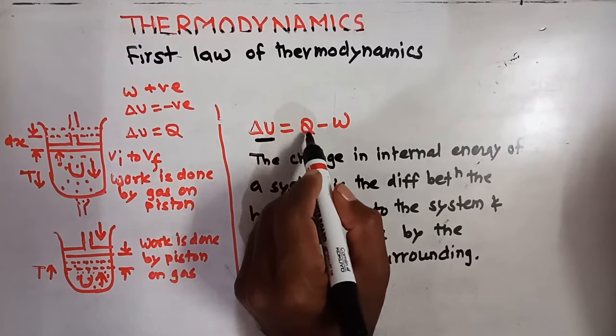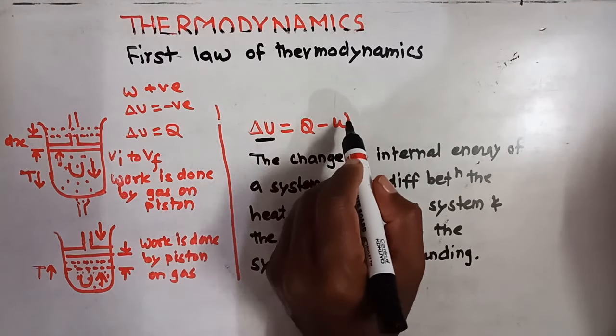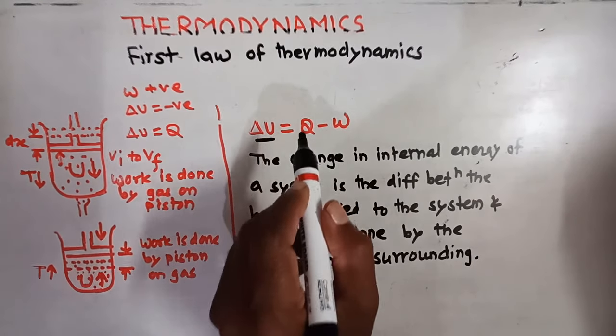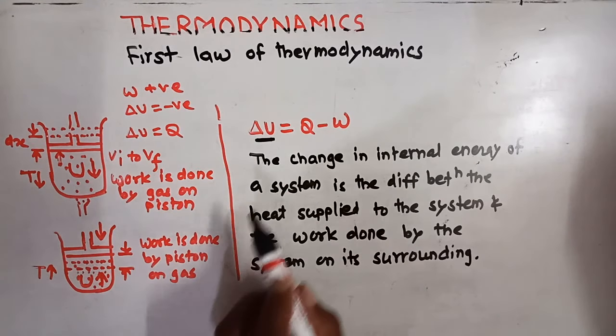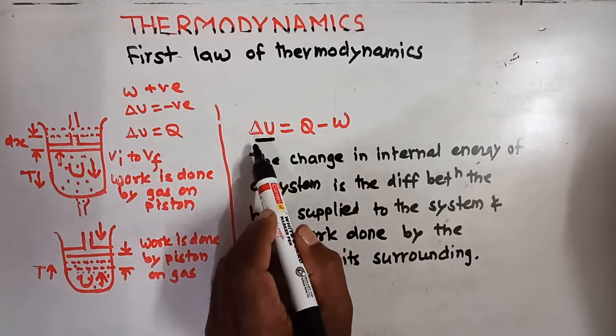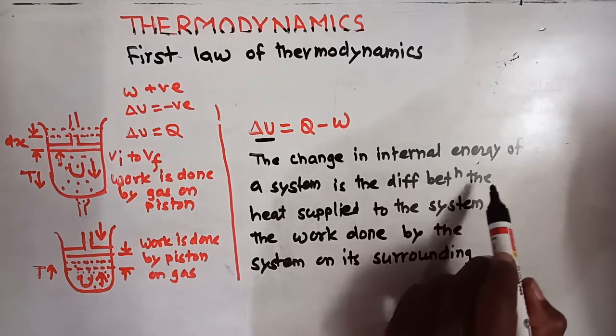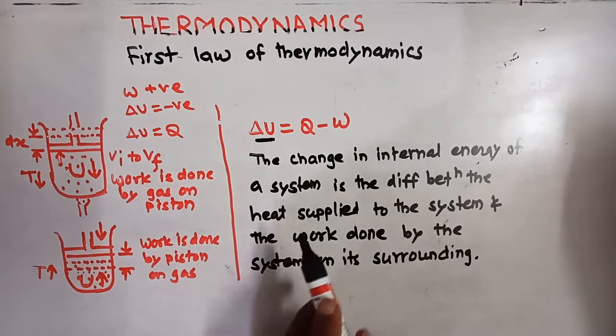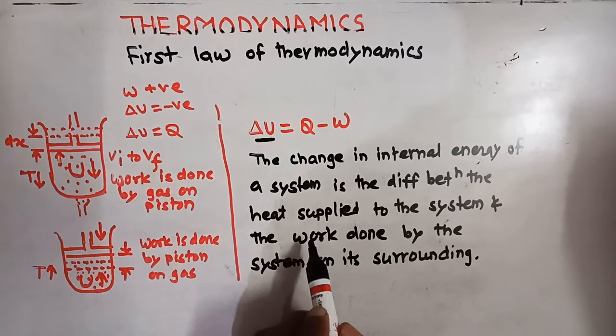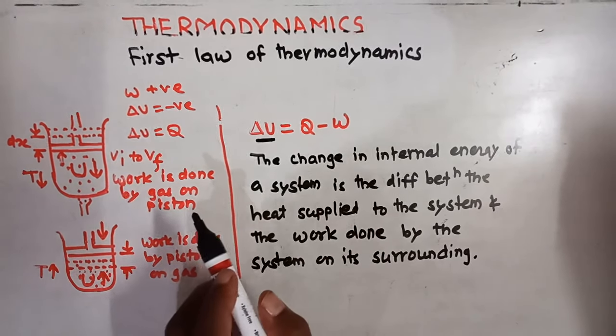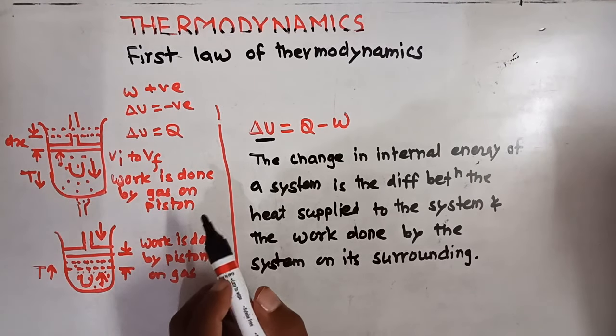Q is heat supplied to the system and W is work done by the system. So the statement of the first law of thermodynamics is: the change in internal energy of a system is the difference between the heat supplied to the system and the work done by the system on the surrounding.